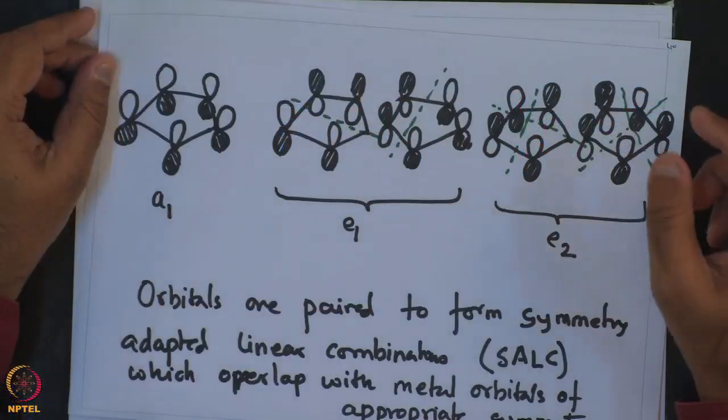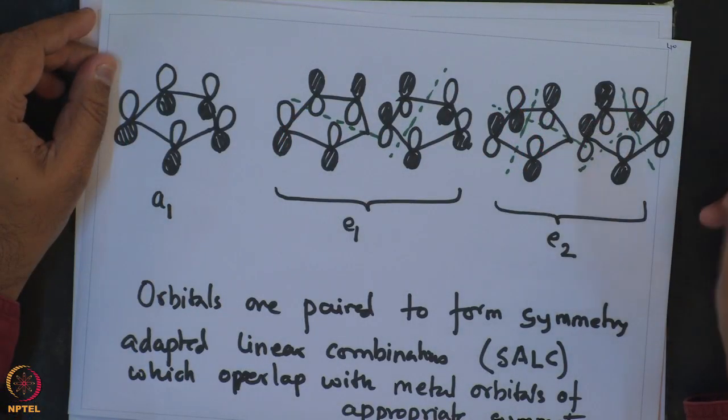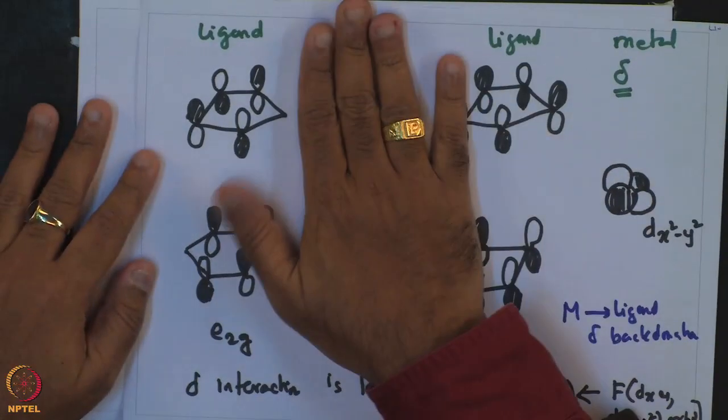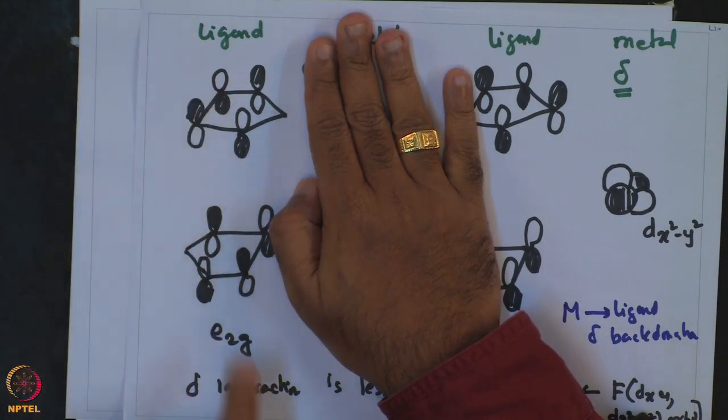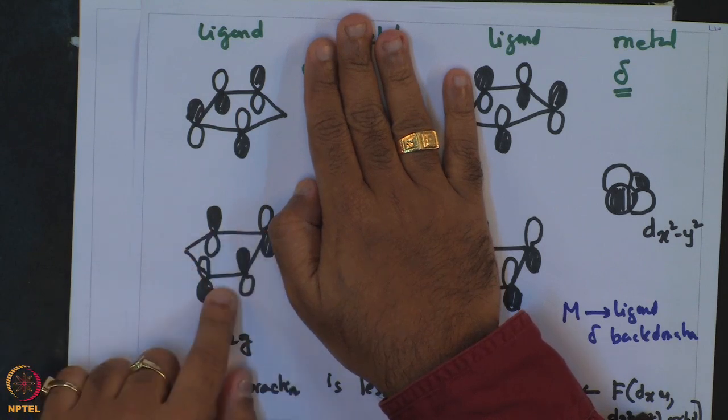Now, when one looks into the metallocene transition metal orbital interaction, then one has to consider 2 Cp's in eclipsed or in staggered conformations, and that is illustrated over here. In this case what we had shown is there are 2 Cp in staggered form.